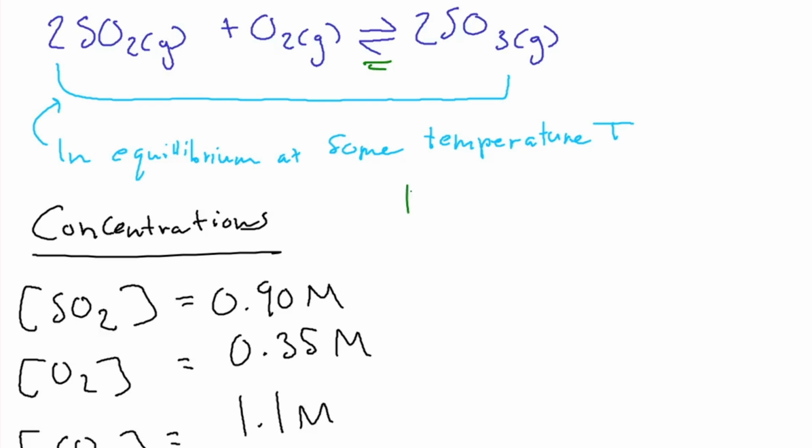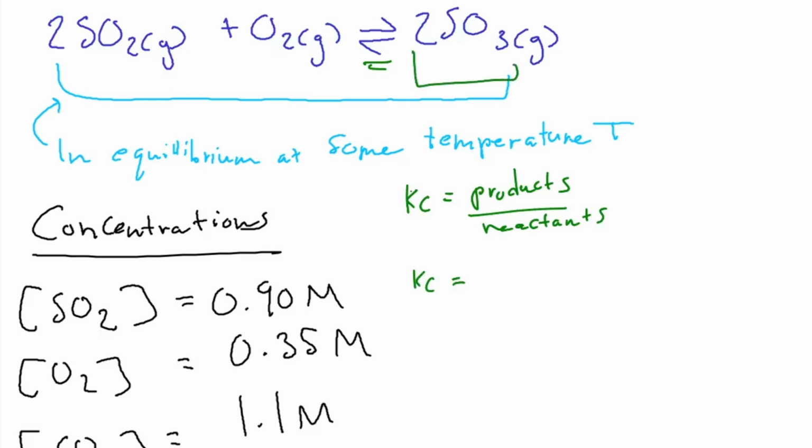So we know that our equilibrium constant Kc is equal to your products over your reactants, right? So your Kc should equal, in this case, what are my products here? My only product is right here. It would be SO3 gas, and it would be to the power of the number of moles in front of it, so it's 2, like so.